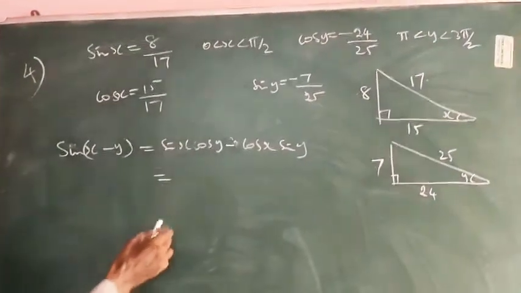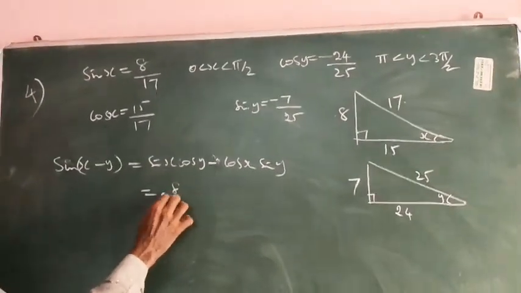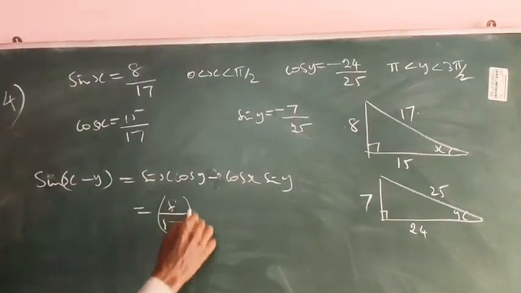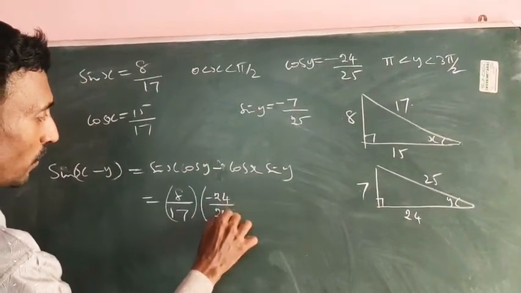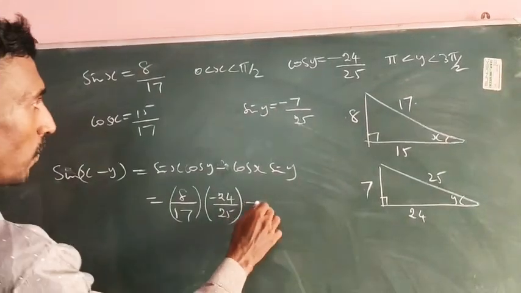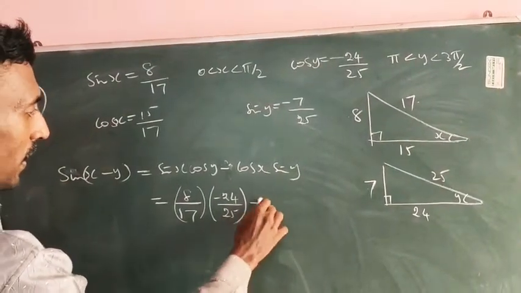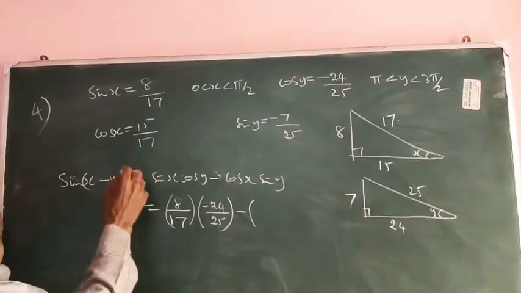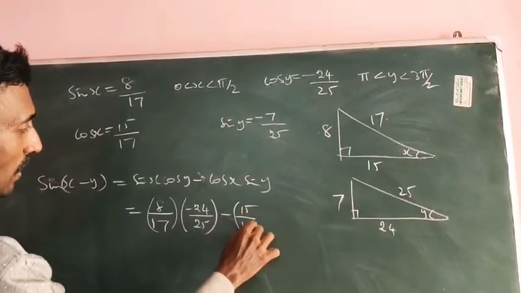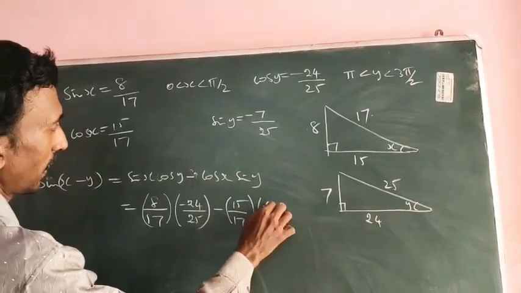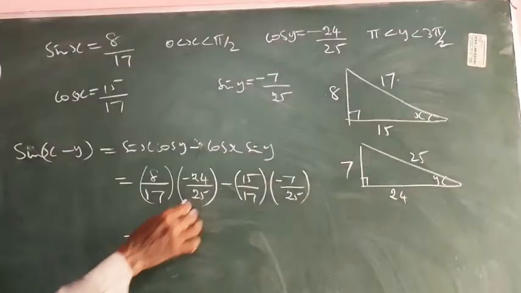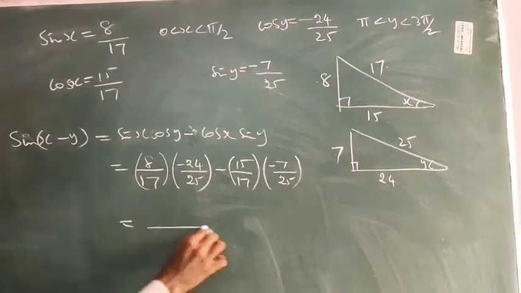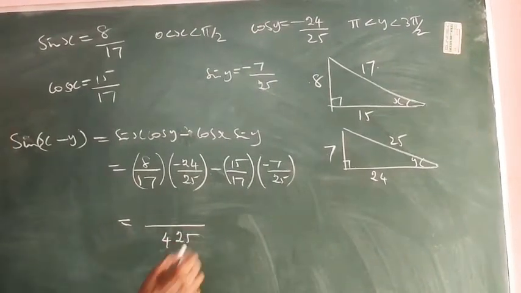Okay. So now sin x into cos y, 8 by 17 into minus 24 by 25, minus, cos x 15 by 17 into minus 7 by 25. So 17 into 25, 425.